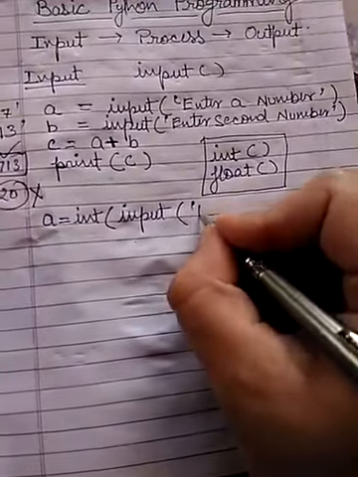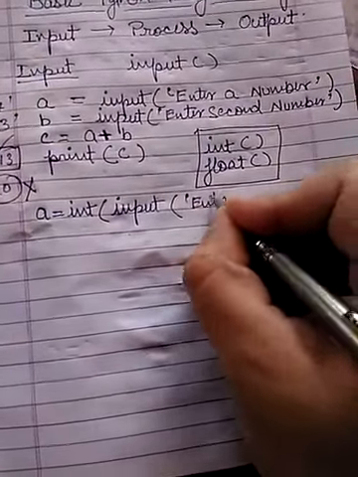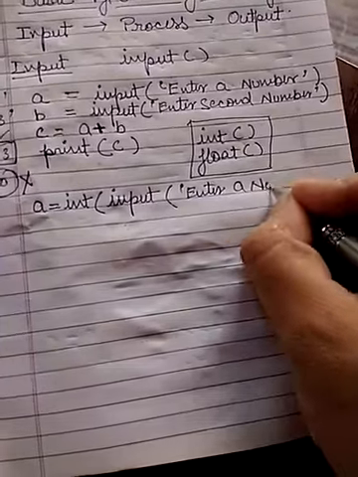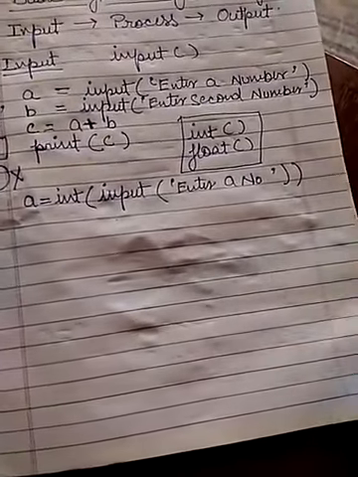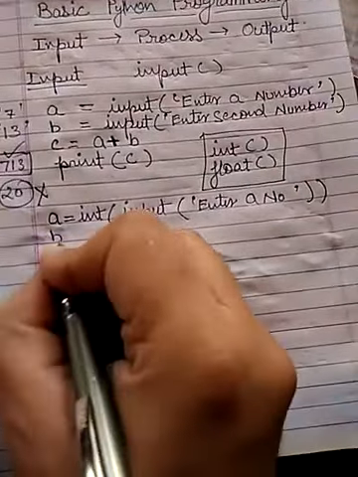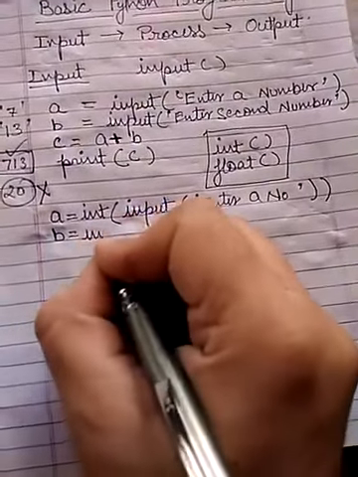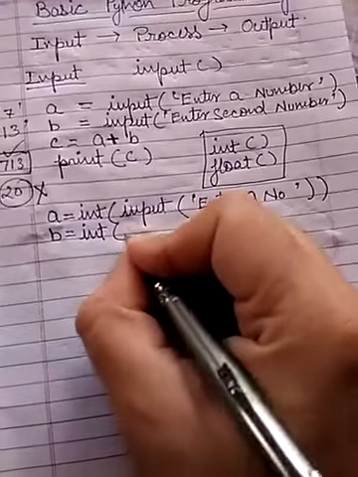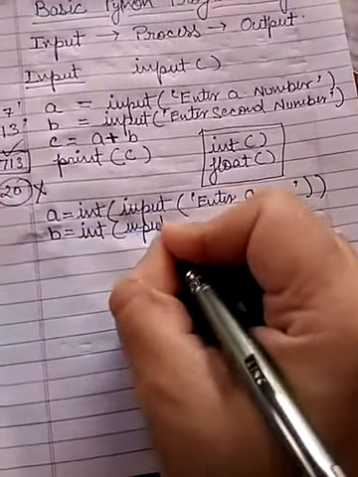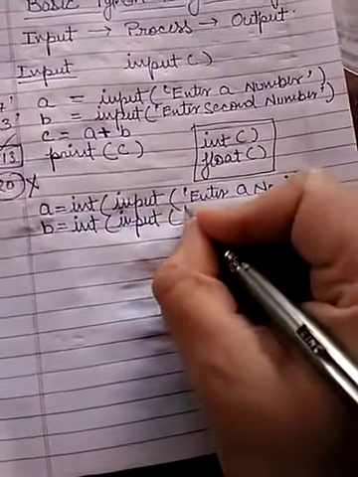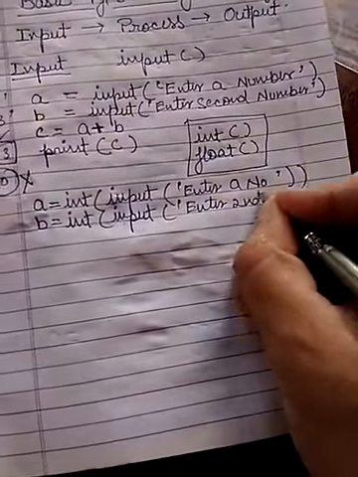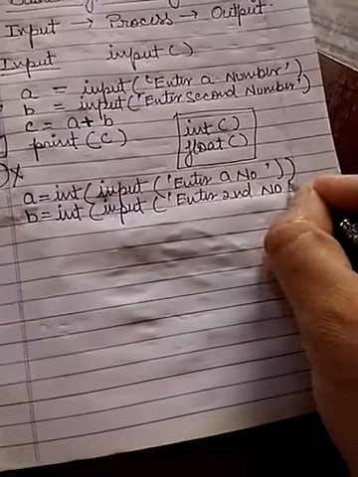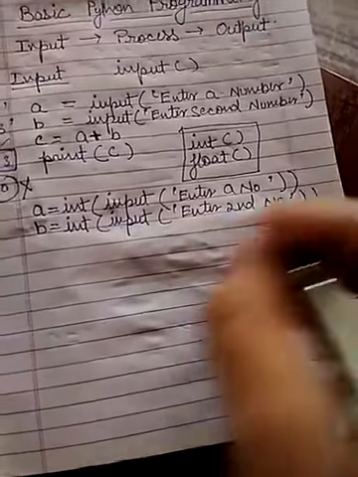After that, the message which I want to display: enter a number, input close, int close. In the same way, b equal to int, input, enter second number, input close, int close.